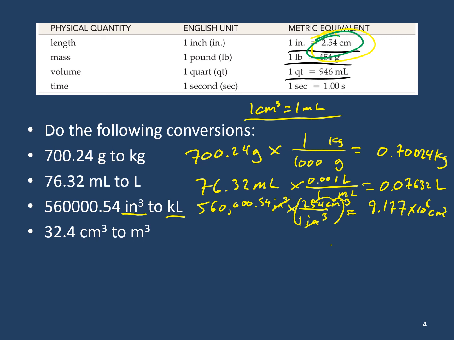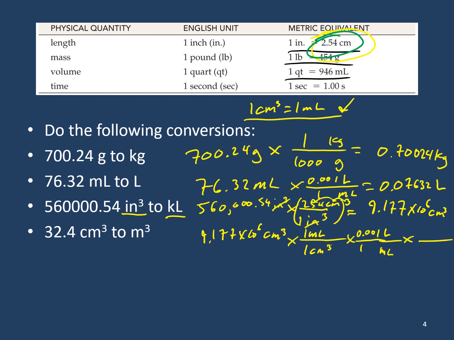Now we're not done. This gives us centimeters cubed. I need to take this 9.177 times 10 to the 6 centimeters cubed and go, oh, hey, well, based off this guy, 1 centimeter cubed is equal to 1 milliliter. Then I need to go, okay, well, I need milliliters down here, liters up here. I know that in 1 milliliter there is 0.001 liters.